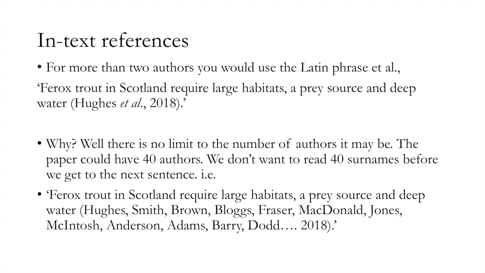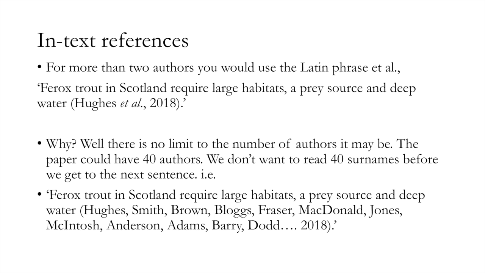So if we had to use everyone's surname, ferox trout in Scotland require large habitats, a prey source and deep water, and we had about 40 surnames, it'd be Hughes, Smith, Brown, Bloggs, Fraser, McDonald, Jones, McIntosh, Anderson, Adams, Barry, Dodd, blah, blah, blah, 2018. It might be about 4 pages later before I actually read the next sentence. So not ideal. We don't want to spend half our time reading surnames.